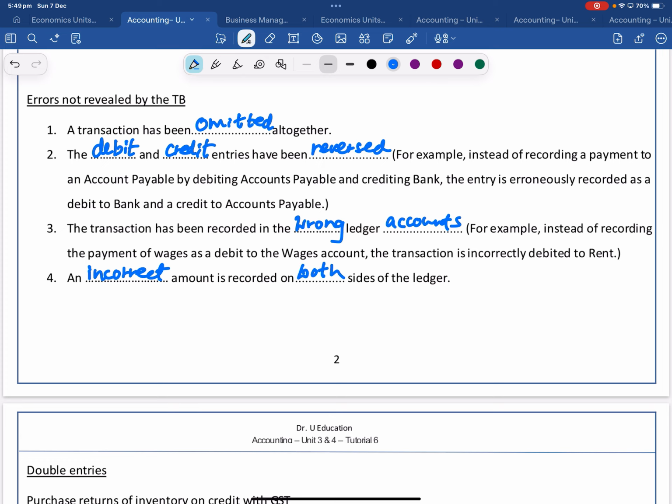The amount is incorrect, but however it has been recorded on both sides. So does it balance? Yes. Still balances, because the trial balance doesn't know if the amount is correct. The trial balance will balance the debit and credit. So we have recorded incorrectly.